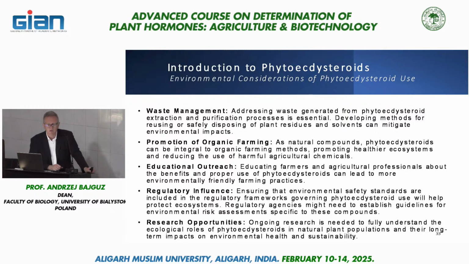As natural compounds, phytohormones can support organic farming, reducing reliance on synthetic chemicals and promoting a healthier ecosystem. By addressing these aspects, we can maximize the benefits of phytohormones while ensuring environmentally responsible use.